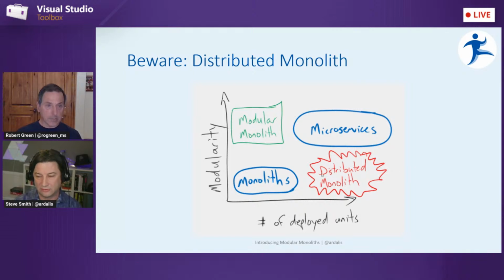But if you don't keep your microservices independent from one another through any number of mistakes you make in your design, like a shared database or like synchronous dependencies and API calls between them, then you're going to end up with this distributed monolith, which means you have all the problems of coupling and other issues that monoliths have, and all the difficulties and expense of having a distributed system. So you really don't want to go there.